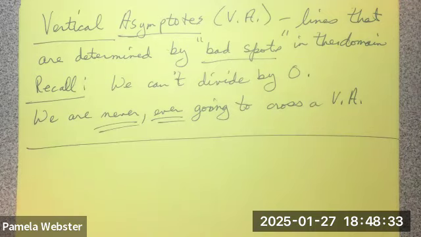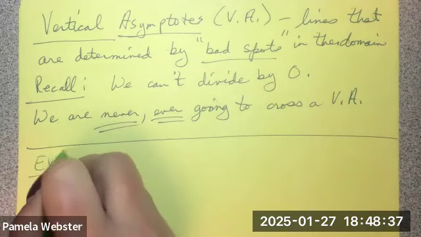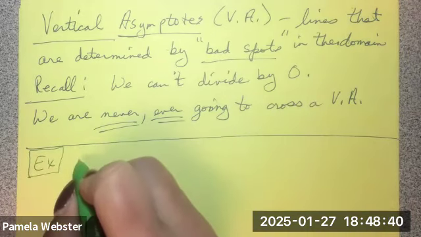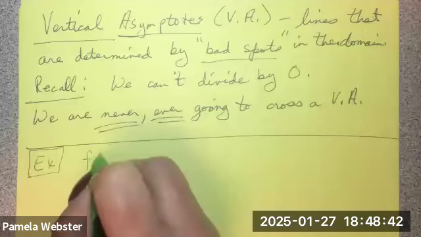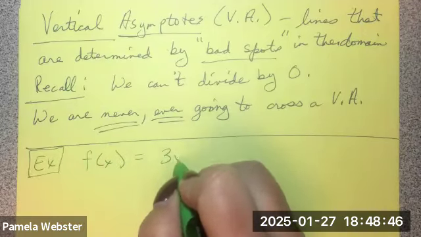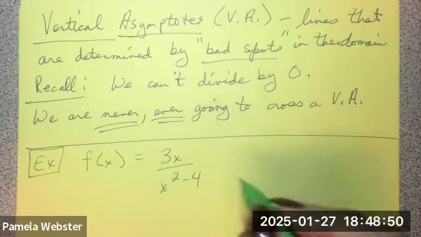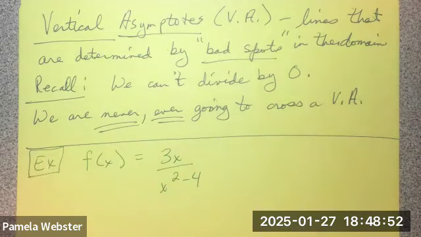All right. So let's look and see what this looks like. We've done some of this before when we were dealing with functions and stuff like that. f of x equals, here's my example, f of x equals 3x over x squared minus 4. Okay, so we're going to look at this thing and we're going to do a couple of pieces real quickly.